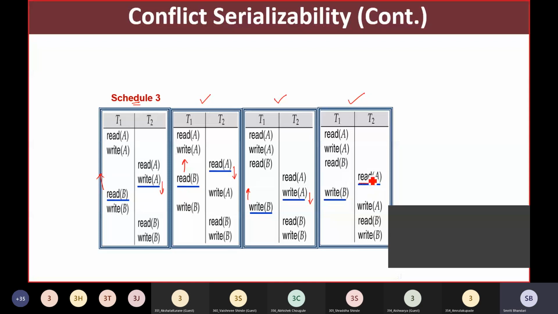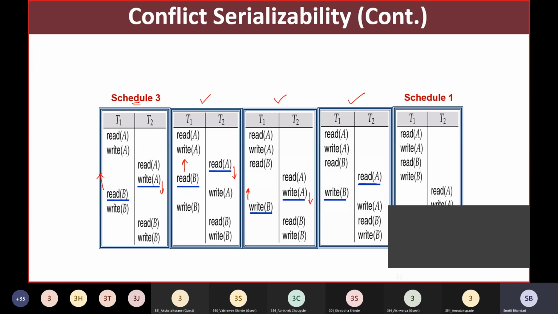Once again, if we look at this read A and write B, these are consecutive instructions from two different transactions and they do not conflict with one another, so we can swap these two. If we swap these two, we come up with this schedule, and if you look at this schedule 1, this schedule is the serial schedule.